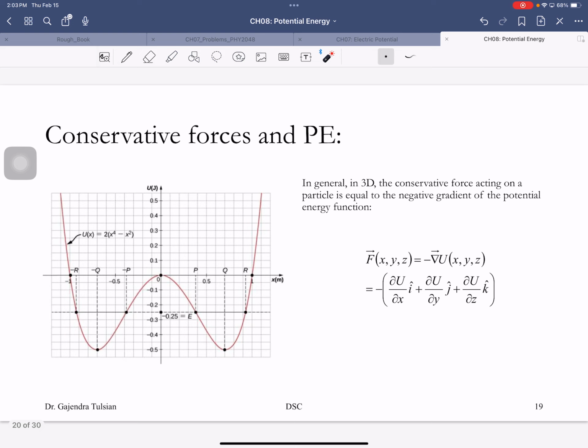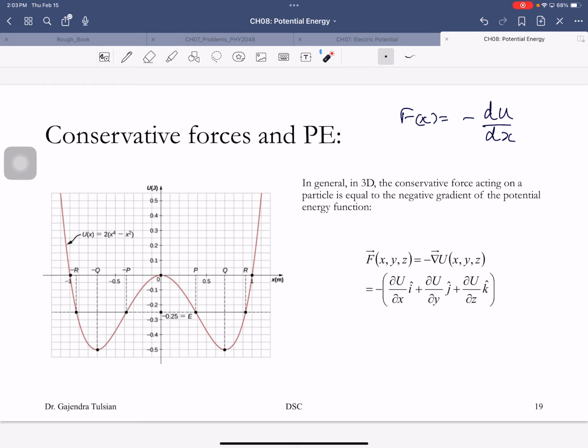So in 3 dimensions, here's the force. You can see that this is a generalization of the 1-dimensional case. Okay, there's the negative sign. Okay, and dU by dx generalizes to the gradient. So what does the gradient operator tell you, my friend?